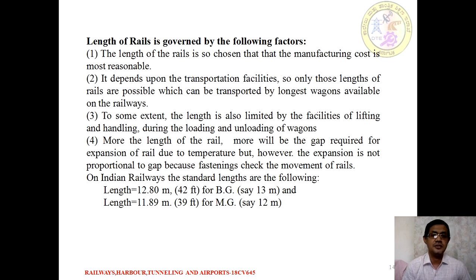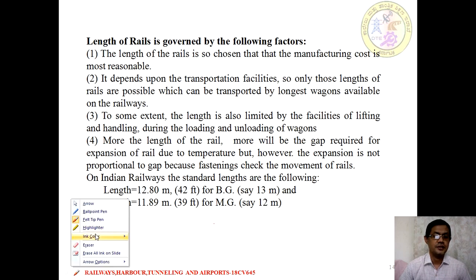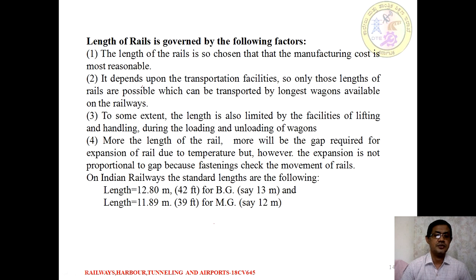The length of a rail is so chosen that the manufacturing cost is reasonable. Whatever the manufacturing cost to produce 1 meter of a rail section, it should be optimal. Hence we should concentrate on what exactly is the reasonable cost per meter length of a rail we are going to use for construction.